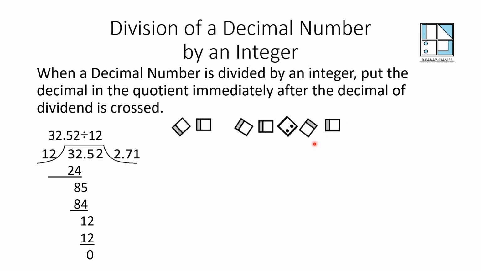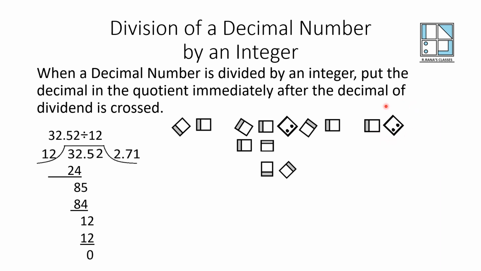Now because 12 to the 24, therefore we write 2 here, then we write 24, subtract to get 8. 5 is brought down, it was after the decimal. As it was after the decimal, so we will put a decimal over here.